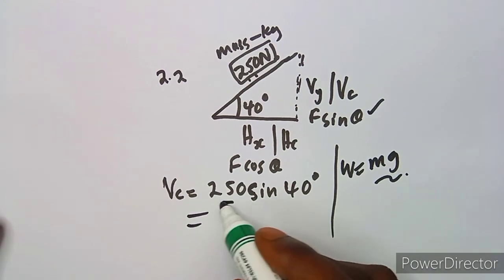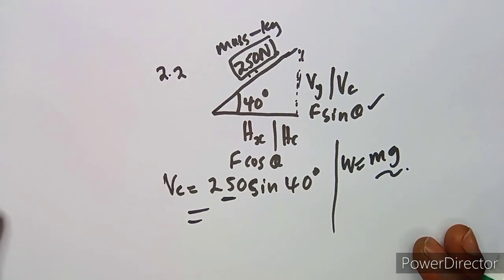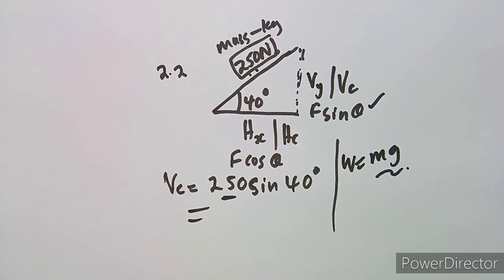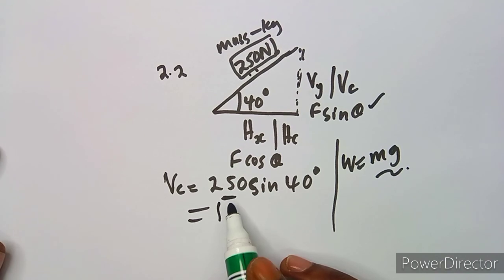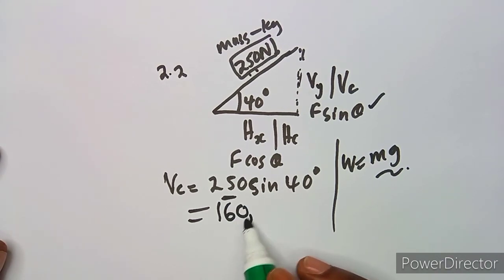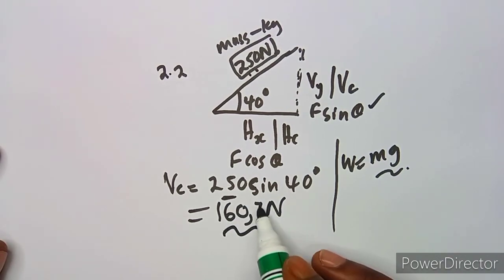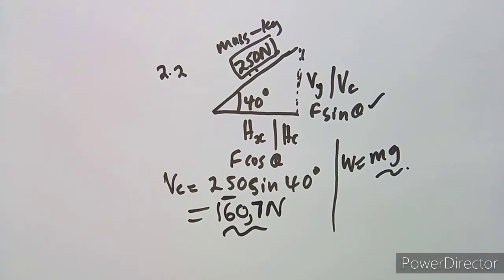Okay, but here we are already given newtons, so there's no need for you to use the mg part. You're just going to use this. Using your calculator properly, you must obtain something like 160.7 newtons if you round off to one decimal place. So that's how they actually ask these questions, guys, on statics, working with moments and forces.